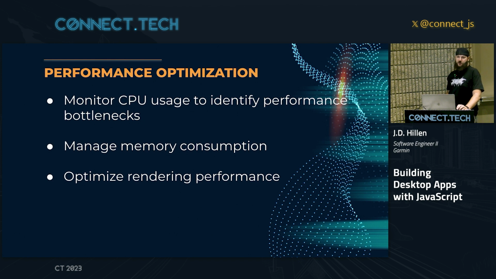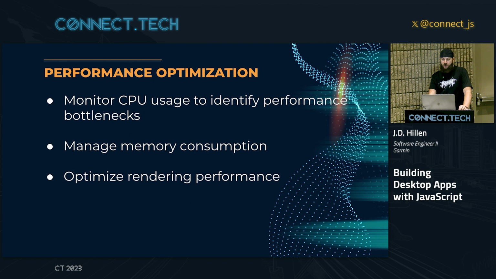So make sure that you do it right. So manage memory consumption. Keep an eye on the memory usage of your app. High memory consumption can lead to performance issues. Has anybody had Slack just take over their machine and the fans kick on and it sounds like a rocket's about to take off? Yeah, that's a memory consumption issue with Electron. So they need to work on their stuff too.